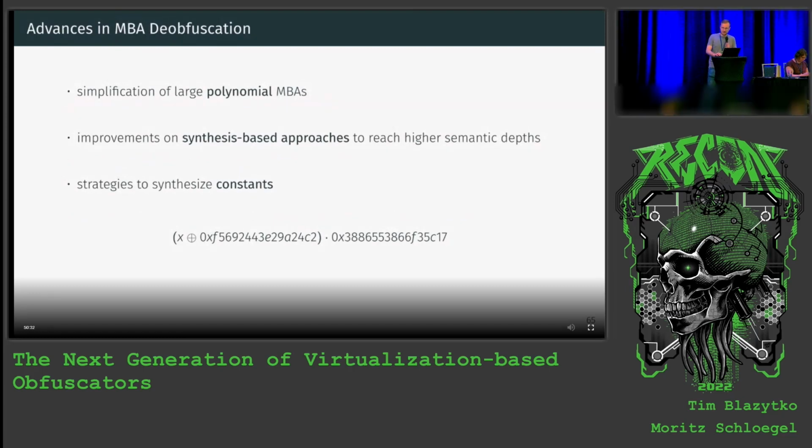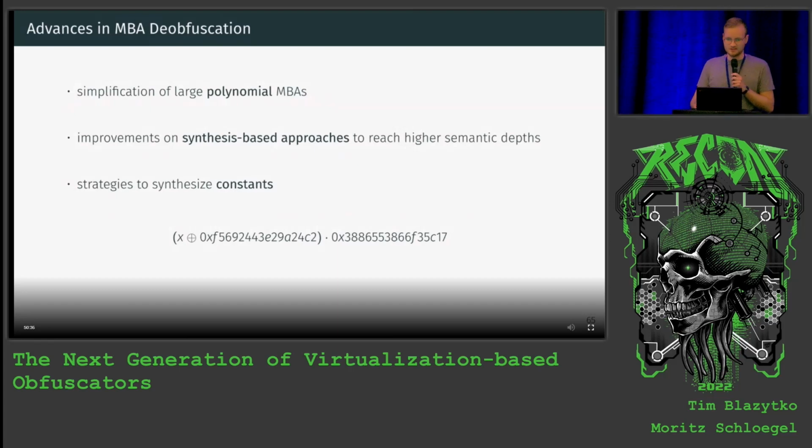And the other concern I'd like to particularly highlight is that we need to advance our MBA deobfuscation tooling to deal with these large, especially these polynomial MBAs. Typically, we could use synthesis to bypass all of that, but for that we need to get our synthesis approaches to work on higher semantic depths.